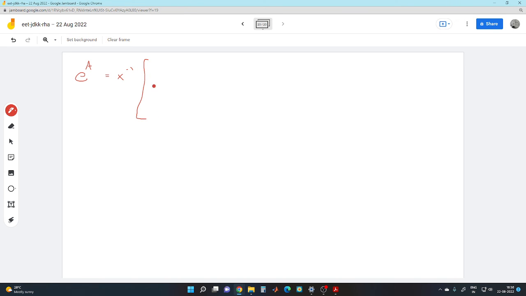Now if we see, it is basically a matrix of 1 1 1 1 up to this thing. Then this is 1 by 1 factorial lambda 1 lambda 2 up to lambda n. Then this is 1 by 2 factorial of lambda 1 square lambda 2 square up to lambda n square.